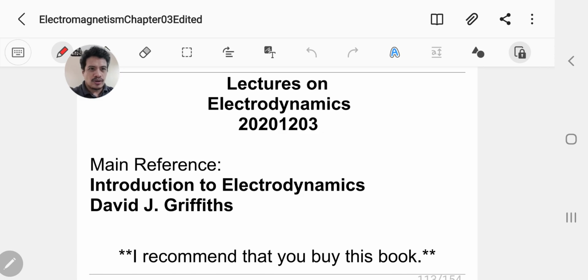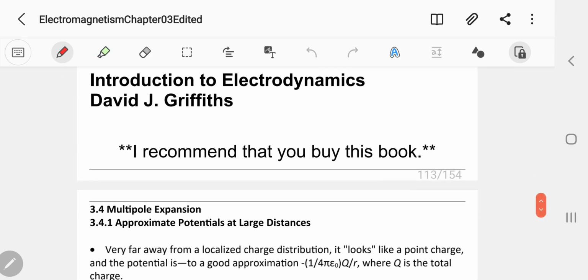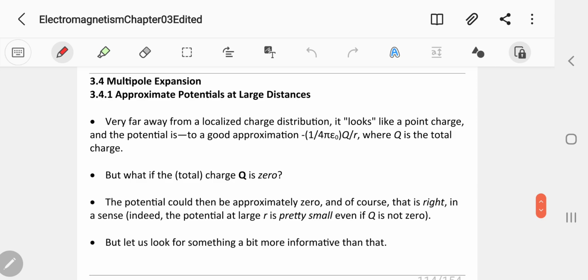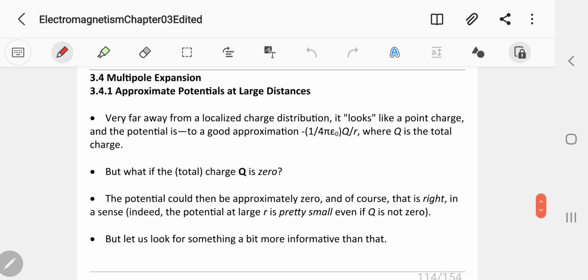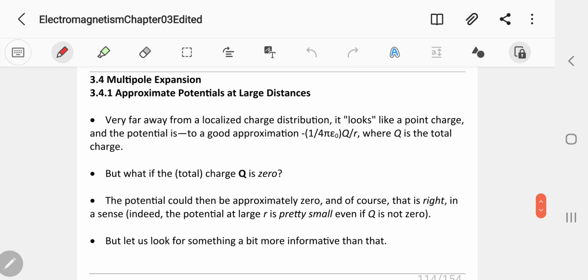To continue with our lectures, we now go to multipole expansion. At large distances, or very far away from a charge, you would look at the charge as very small.